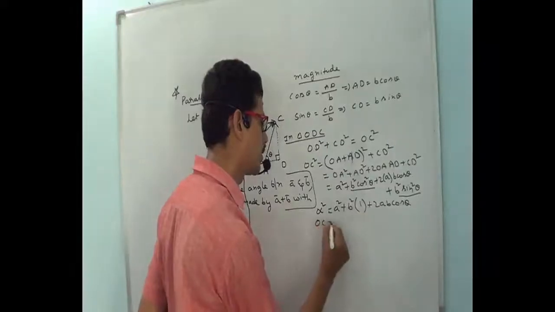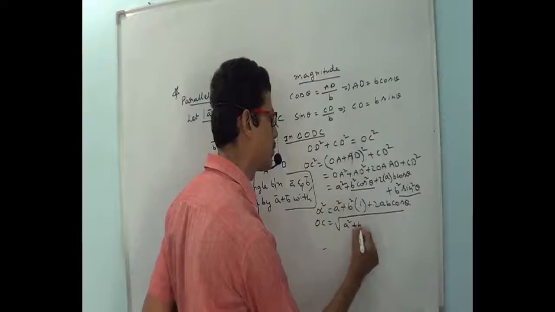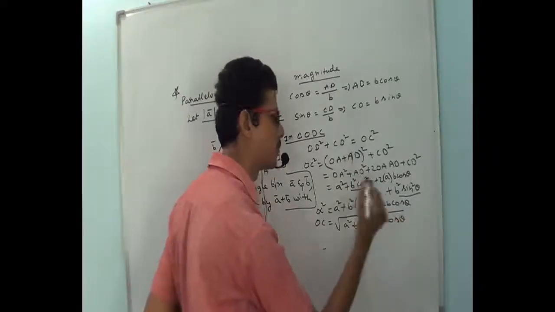What is OC then? OC is root over A square plus B square plus 2AB cos theta.